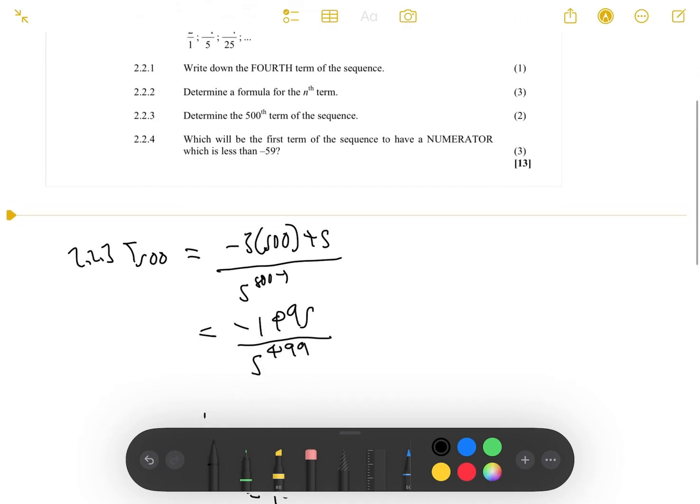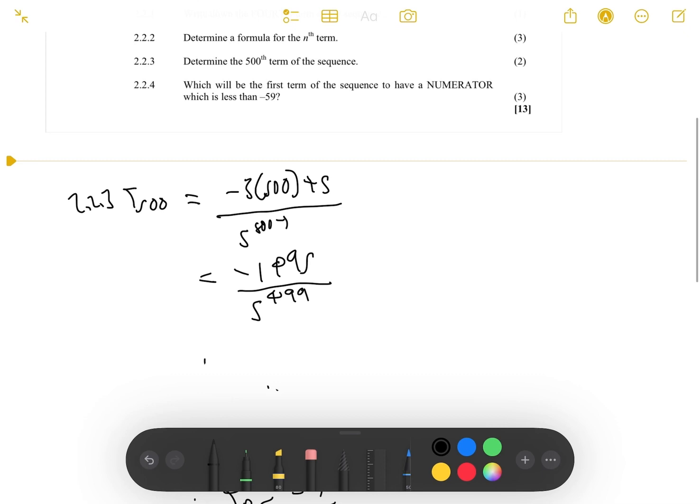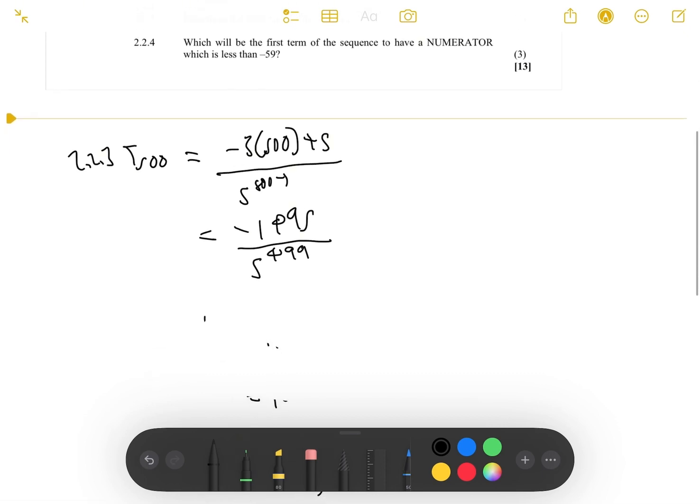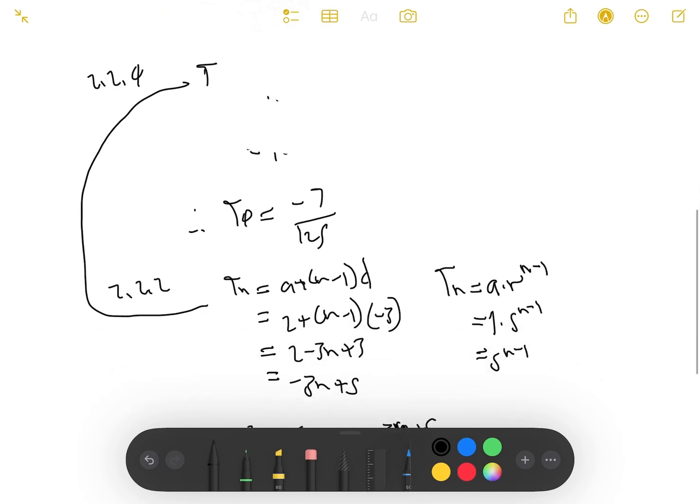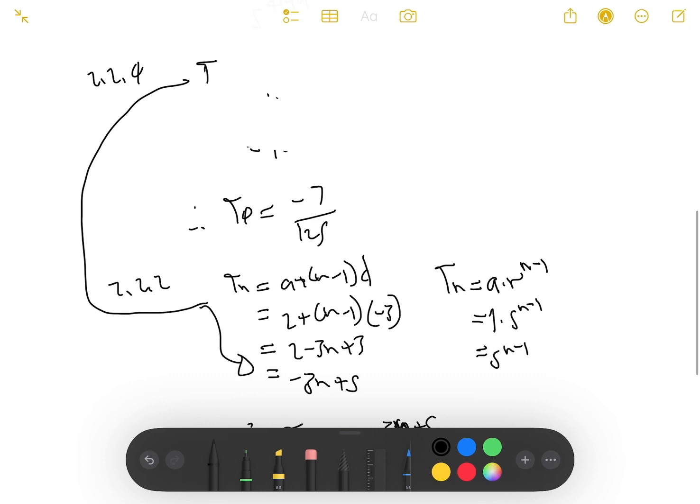And then they ask which will be the first term of the sequence to have a numerator which is less than negative 59. So for 2.2.4, they're basically asking us about our numerator, which is this right here. Let me show you this formula for our arithmetic sequence.